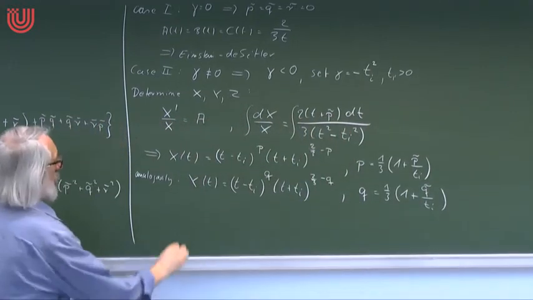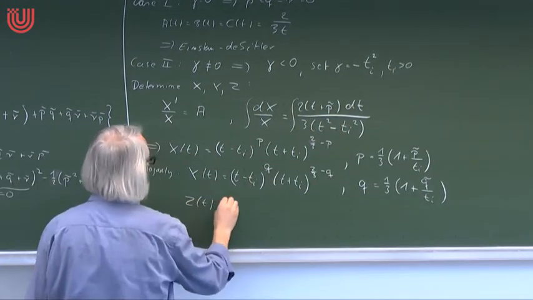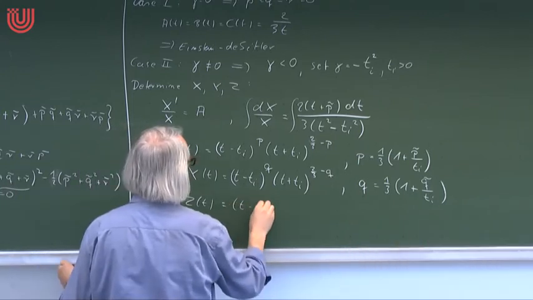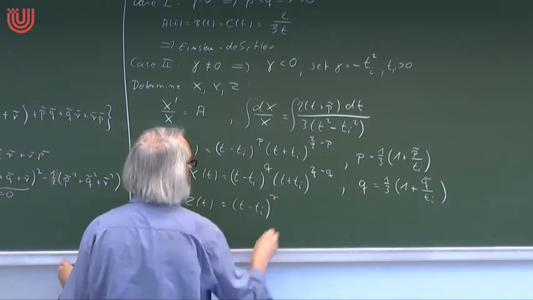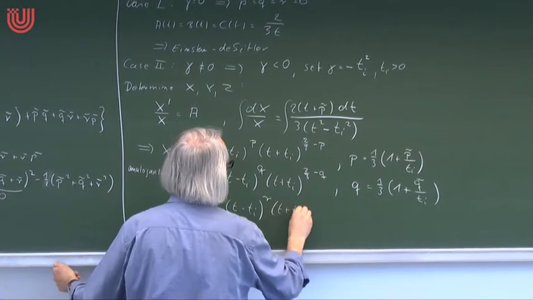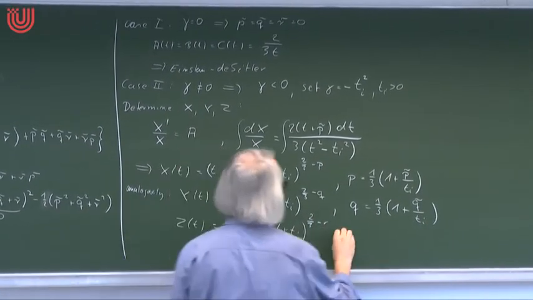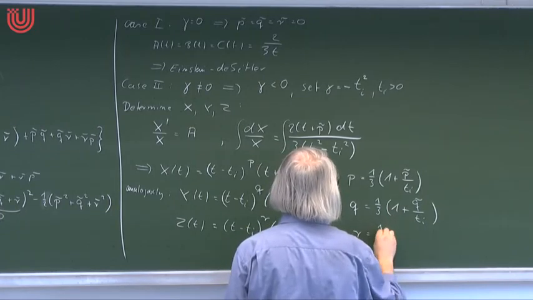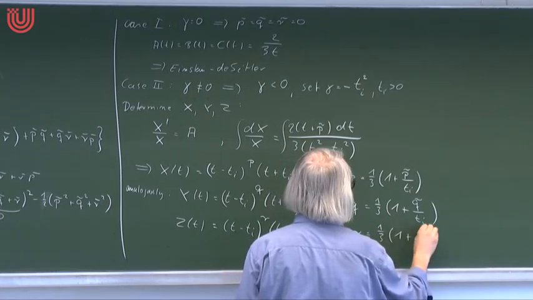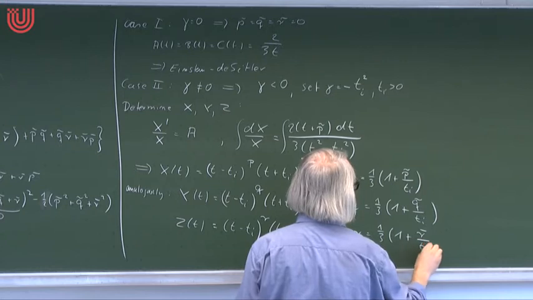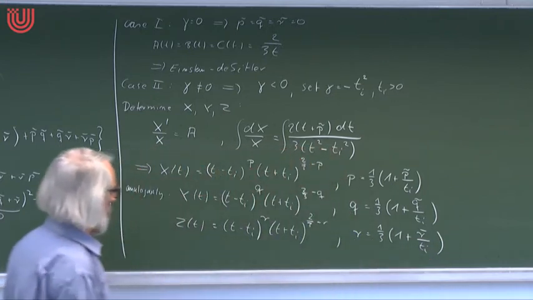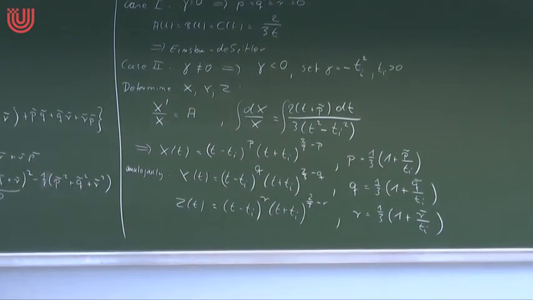And for z of t, we get t minus ti to the r, times t plus ti to the 2/3 minus r, and r is this here with q twiddle replaced by r twiddle. Okay, that's the solution.